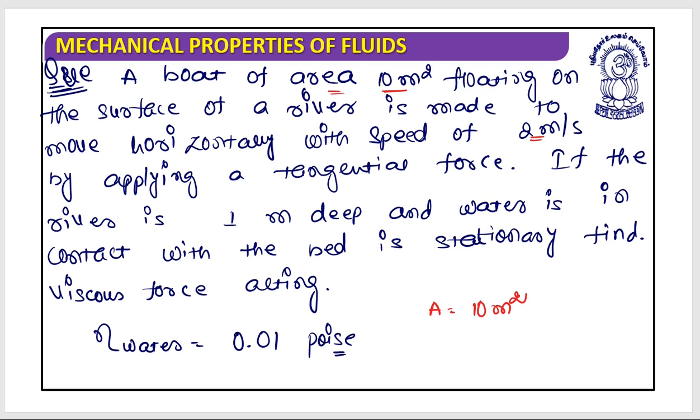It's the upper layer. By applying a tangential force, if the river is 1 meter deep, let's say x, which is 1 meter deep, and the water in contact with the bed is stationary. That means the change in velocity is 2 minus 0, which is equal to 2 meter per second. And I need to find the viscous force acting.